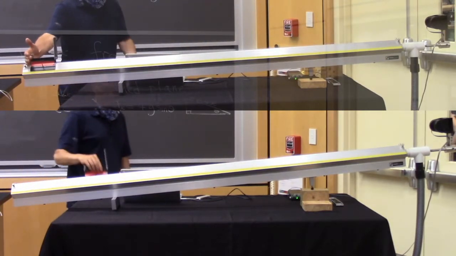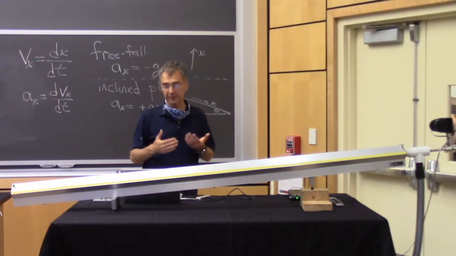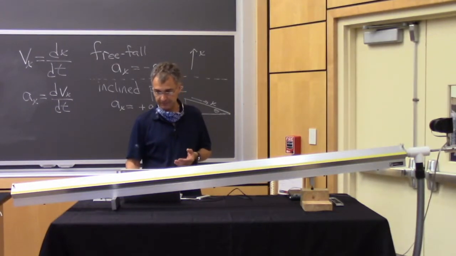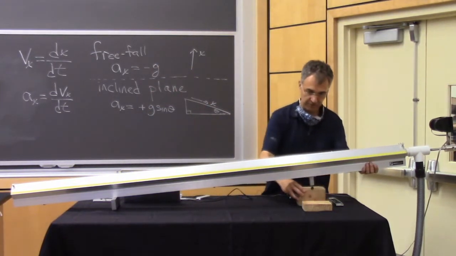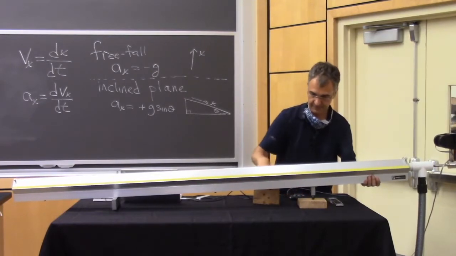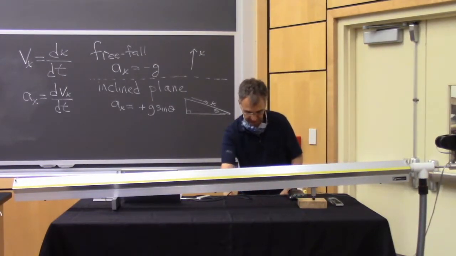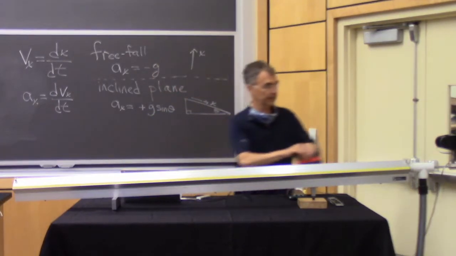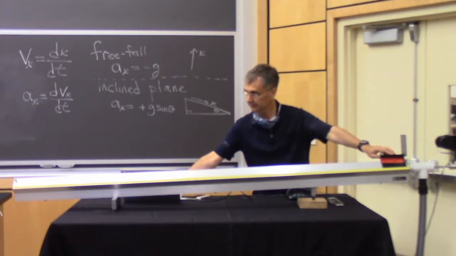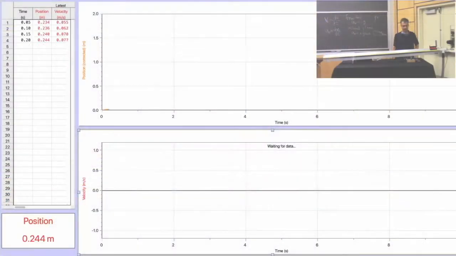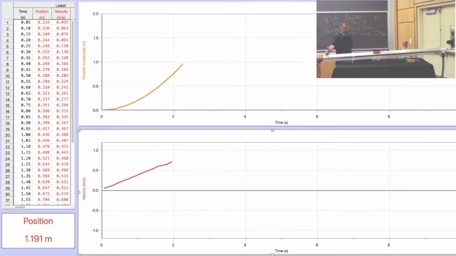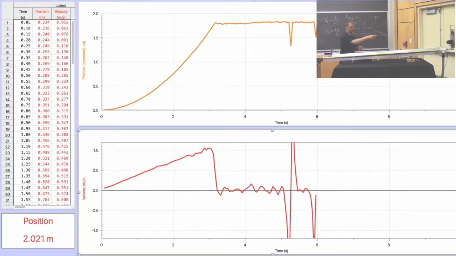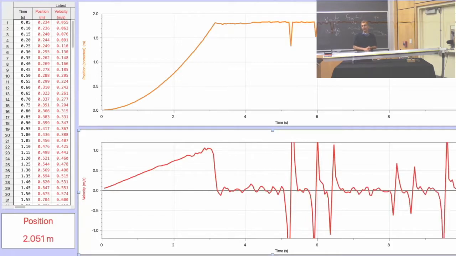Okay, so that's a bigger acceleration because it's a bigger theta, so it's a bigger sine theta. And then we'll go back to the smaller theta. So this is small enough that it's pretty easy to see. So we travel downhill from x equals 0 to x equals approximately 2 meters.